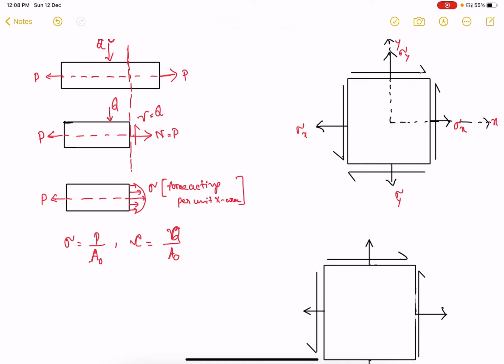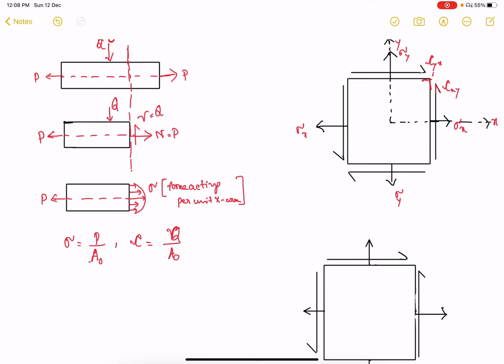Positive shear stress is along the positive axis, tau xy and tau yx, along the x direction and perpendicular to the y plane.